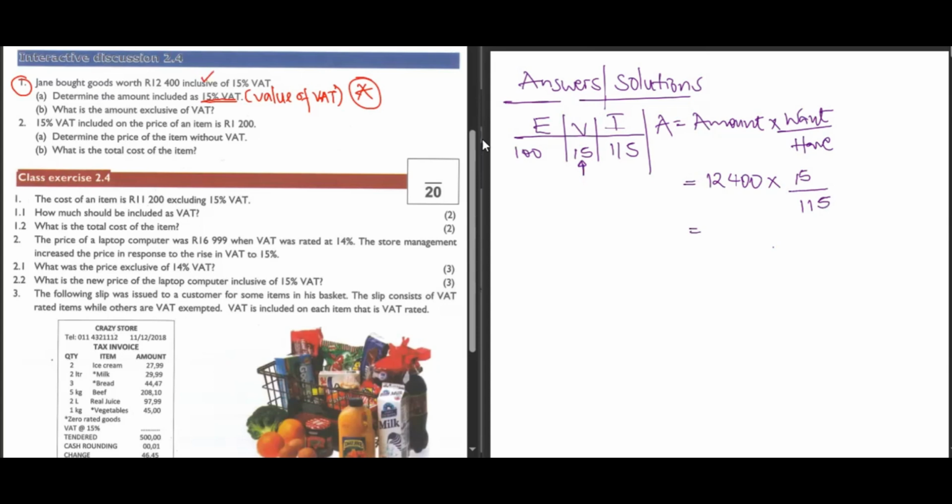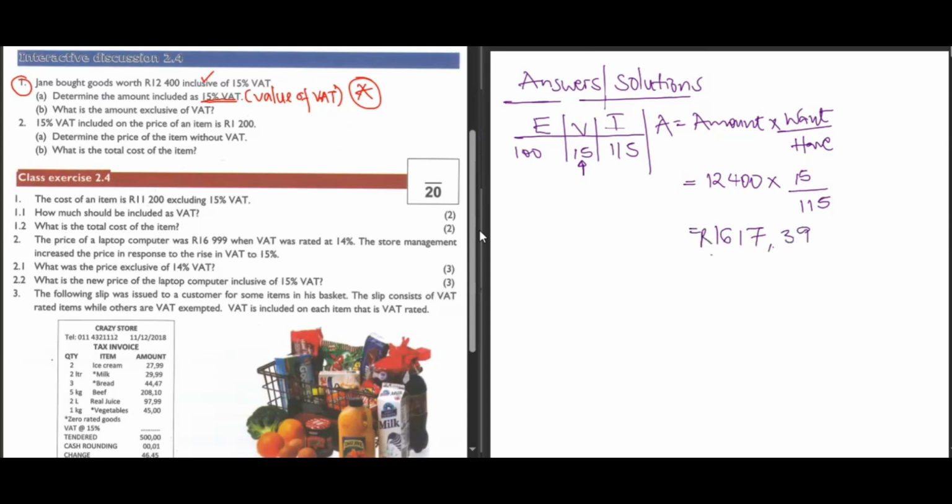So I will punch my answers into the calculator, and the answer that I have there is 1,617 rands, 39 cents.